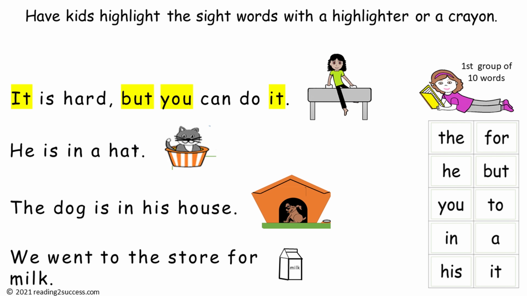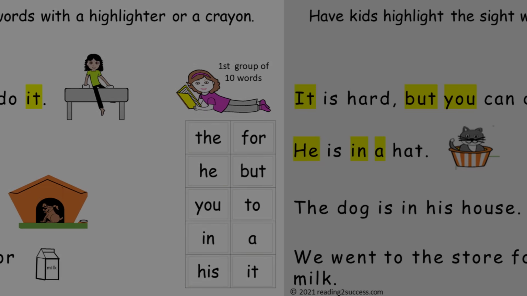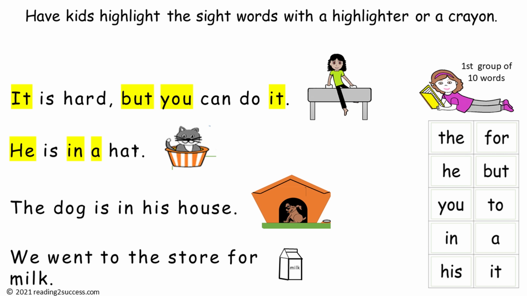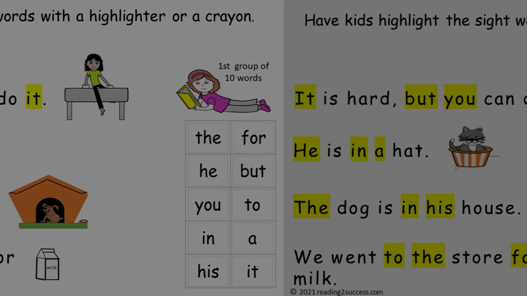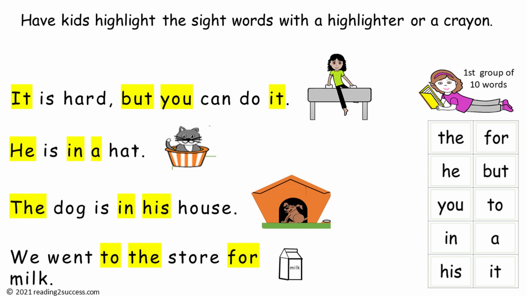In the first sentence, the sight words that should be highlighted are it, but, you, it. The second, he, in, a. The third, the, in, his. And the last sentence, to, the, for.